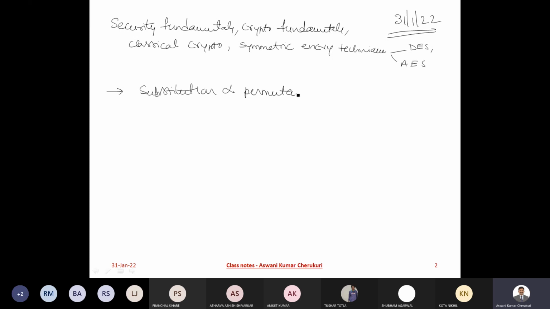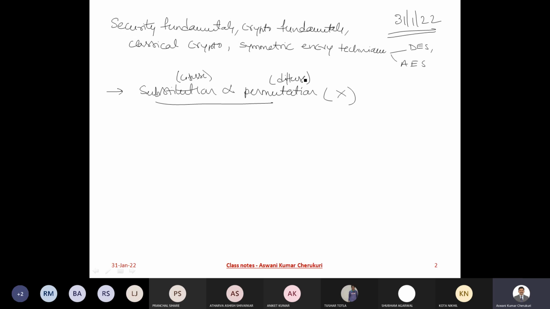Our AES and DES algorithms are based on these two operations over the plaintext. What is the goal of substitution? It is to confuse. The goal of permutation is to diffuse.